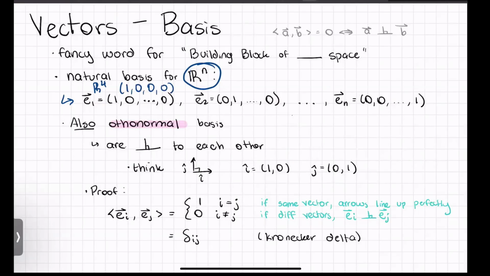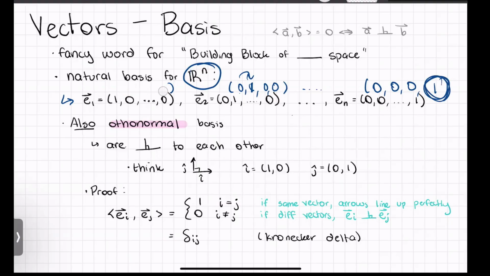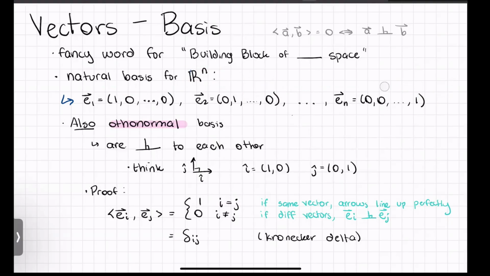The second one would be 0, 1, 0, 0, and so on and so forth, until we hit the last one. In the fourth dimensional space, the last one is going to be 0, 0, 0, 1. Does that make sense? The 1 just keeps traveling down the vector until it hits the very last one. So that's how it works in the nth dimensional space.